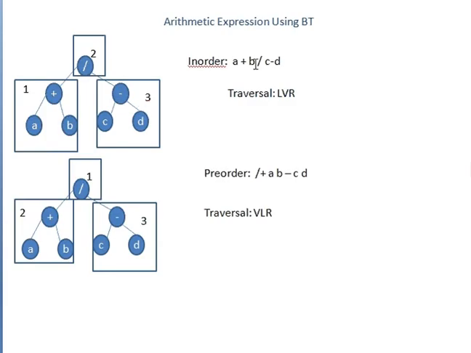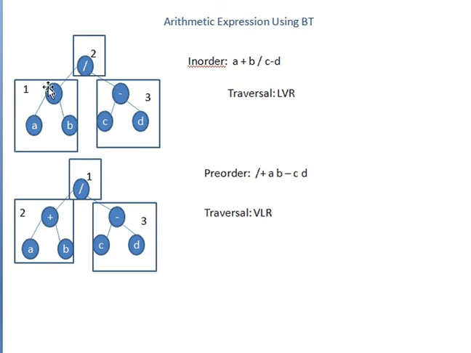This is an example. A binary tree is given to you, and we are working with in order. As addressed, the traversal technique is left, visit, and right. This is your left subtree for this binary tree. First priority is given to the left subtree, followed by the root or visit or node, followed by the right subtree.